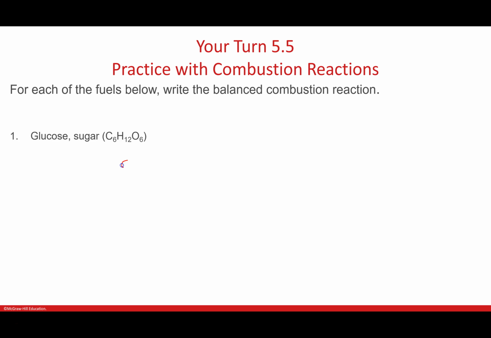Okay, Natalie. Now you can look at the previous slide if you want to, but when we burn something, this is one of my reactants, C6H12O6. What do we combine it with? What's the other reactant? You can look at the previous slide to see what the other reactant was. The thing we burned on the previous slide.